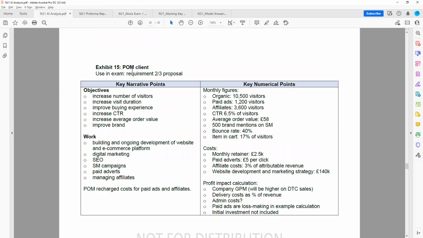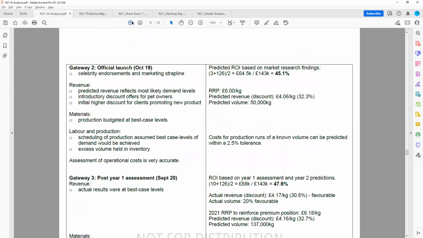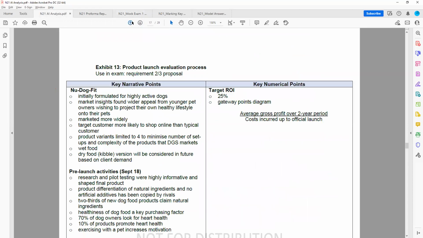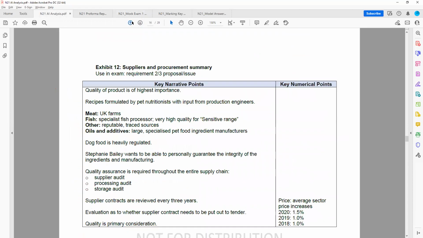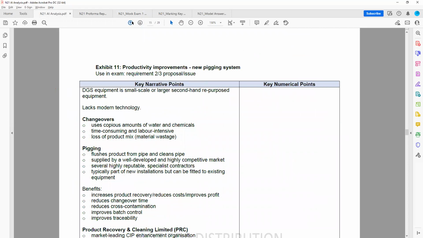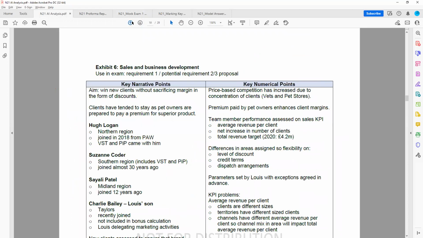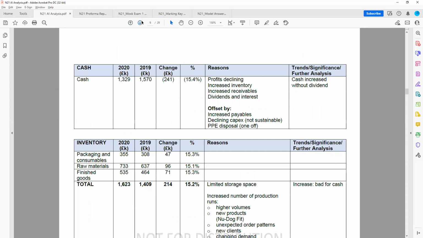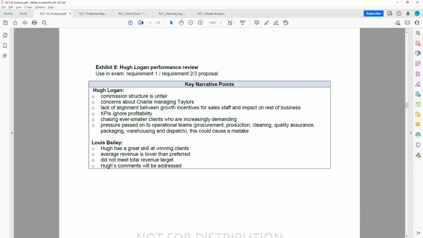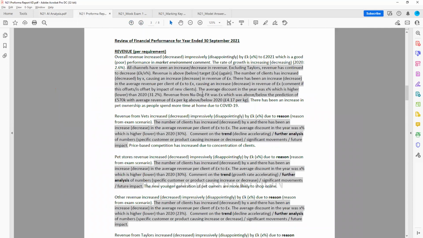I'd go into the exam with my AI analysis. So I've got all my assumptions for requirement 2, something to critique them back to. I've got my calculations. I've got my reasons why things have gone up or down in the past. I've got my issues from all of the other exhibits. I've got my pro forma report here as a reminder for what to have for each section.